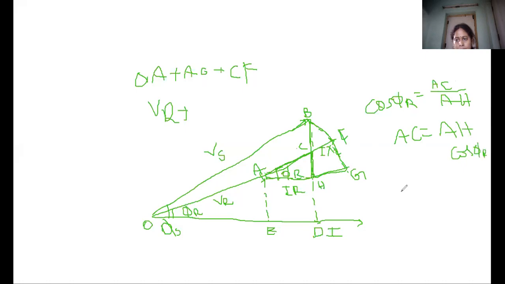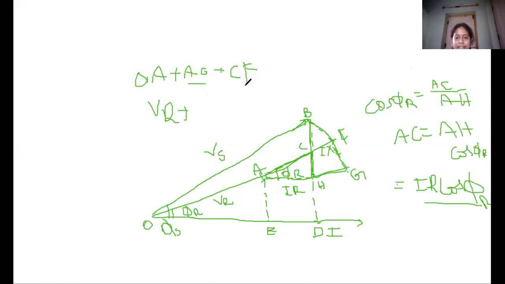AH value is IR, so AC equals IR cos phi r. This is the value for AC.